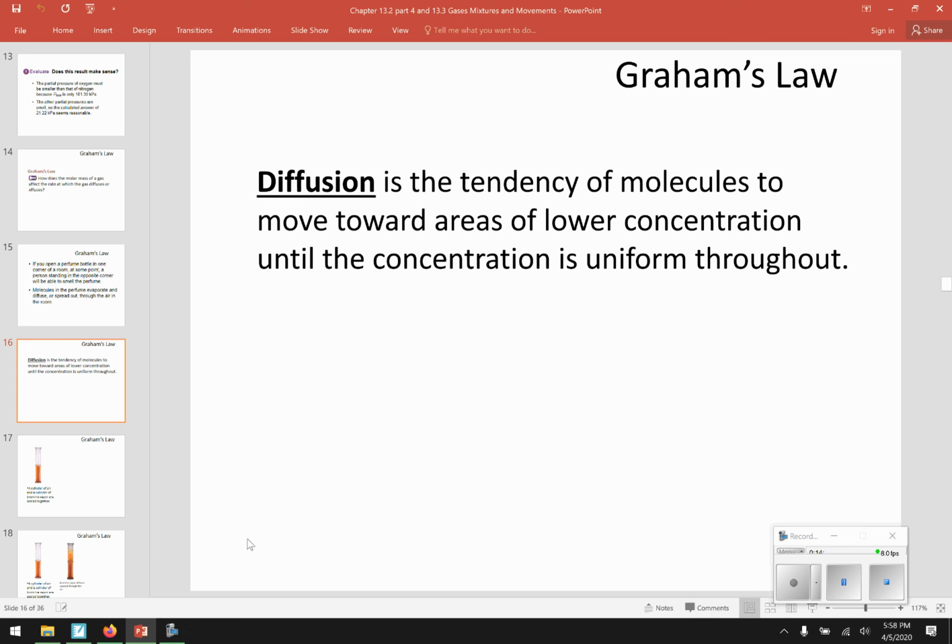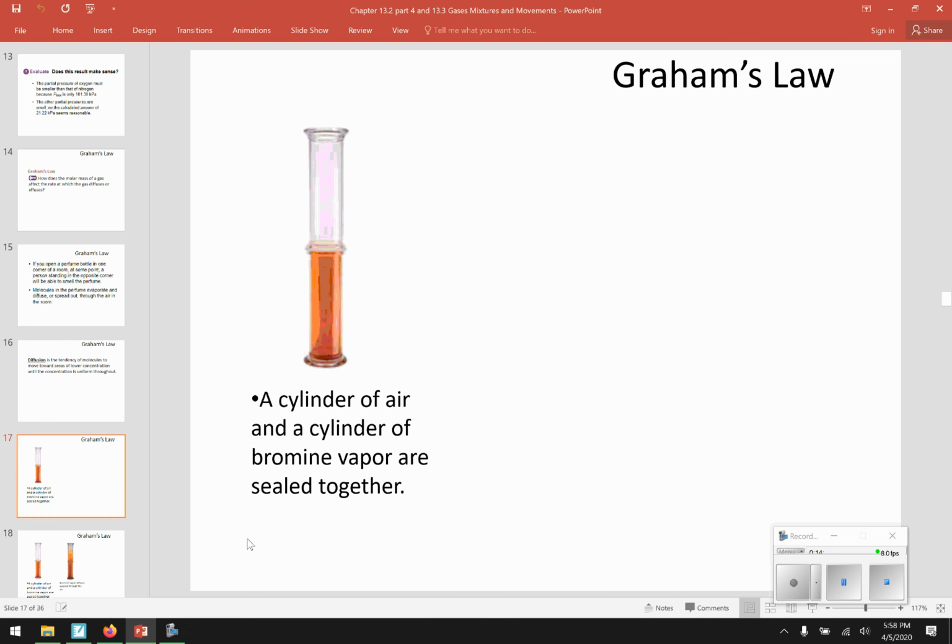And Graham's law deals with effusion, which is related to diffusion. Here is an idea of how diffusion works. We've got a cylinder, and it has air and bromine vapor. Bromine is a gas at room temperature, but just barely above room temperature, it turns into a vapor.